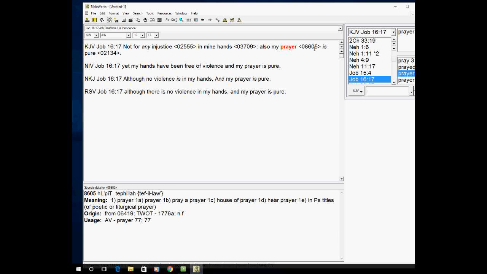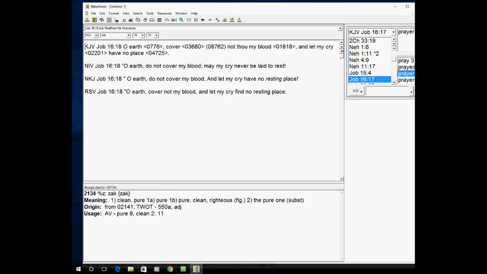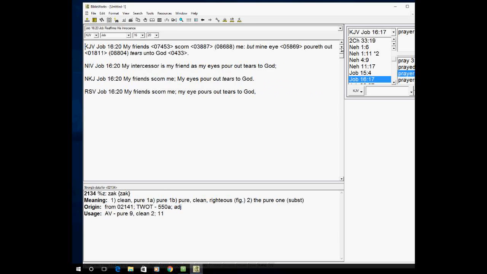So I thought that was really interesting, that it's just a little different. It's almost like the word developed, even in the Old Testament times, through time and its usage. Instead of being used just to talk from one person to another, to seriously ask someone to do something, the word itself kind of grew into meaning talking to our Father in heaven.